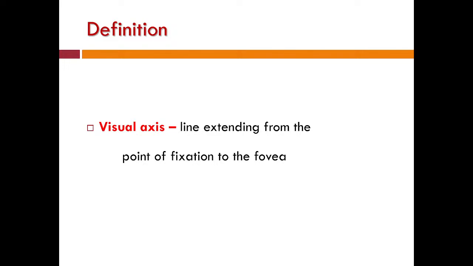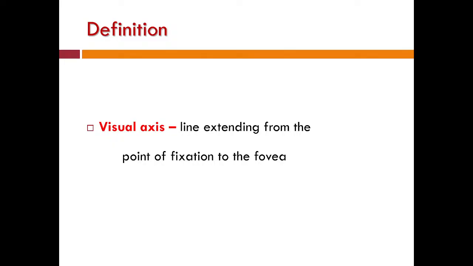Close the door now. Okay, so how will you find out the eyes are aligned to each other? There has to be some test to prove that the visual axis is perfectly aligned and there is no squint. So for this, you can do a simple torch reflex test, in which you throw the light on the patient's forehead, ask the patient to look into the light, and when the patient is looking into your torch, you will find that the reflex is in the center.